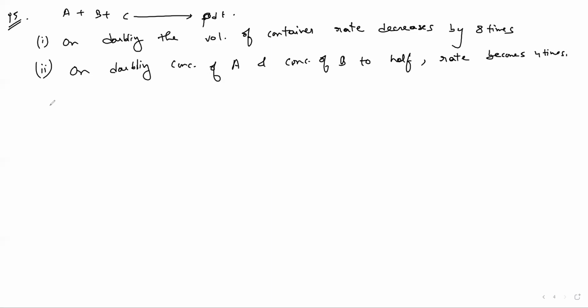Third, on increasing the concentration of C by 4 times, rate increases 64 times.